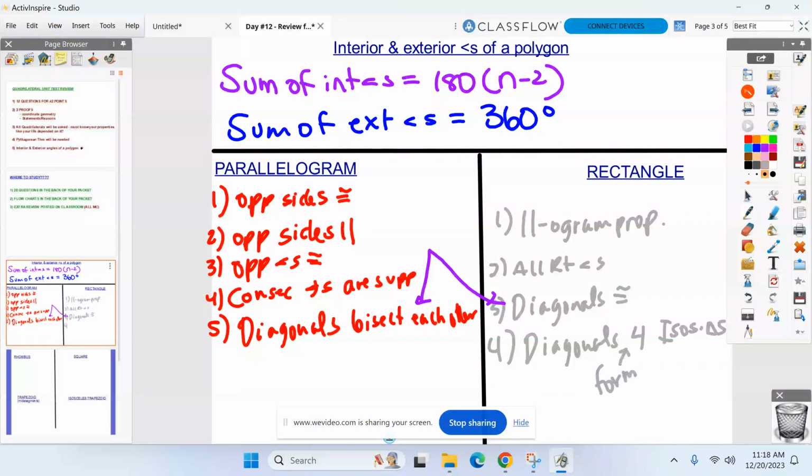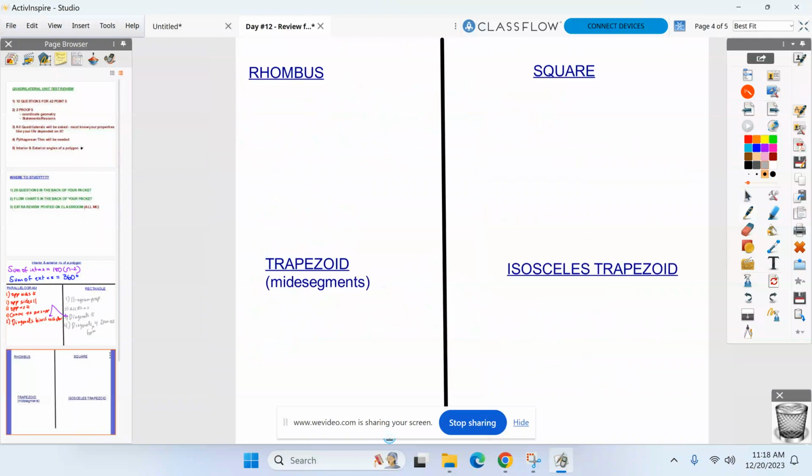All right, rhombus. Rhombus. All sides. Yep, hold on. I'm still going to write parallelogram properties. All sides congruent. Keep rocking. You got 2 more. Diagonals perpendicular. And that's when I can see you guys using the Pythagorean theorem, because all 4 of those triangles, when you draw the diagonals in, are right triangles.